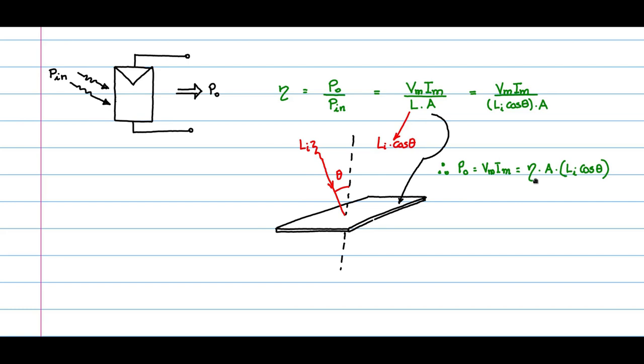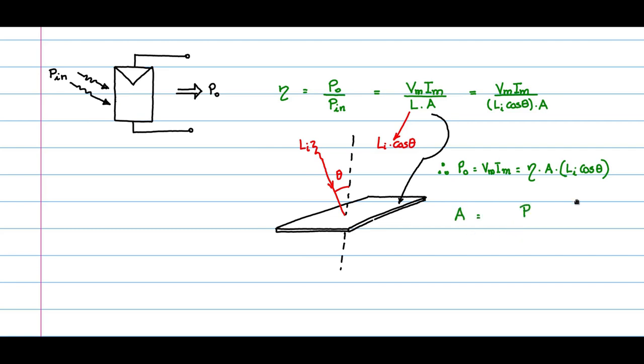Efficiency is from the data sheet of the PV panel. Li cos theta is the incident insolation in kilowatt per meter square, and area is the size of the collector panel plate that has to be exposed to the solar energy in order to collect enough energy to provide this P naught. So we need actually to find out what is the value of A in order to size and select the PV panel.